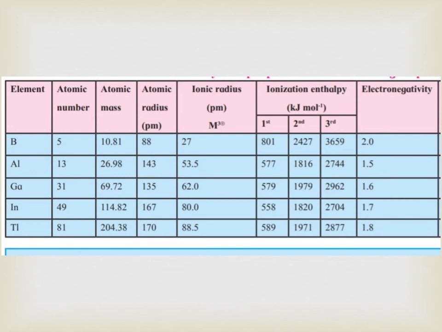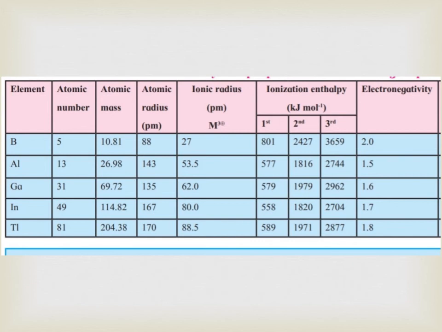And my dear students, that is because ionization enthalpy is the energy required to remove an electron from its isolated gaseous atom. So when an electron is removed from the gaseous atom, less energy is required.